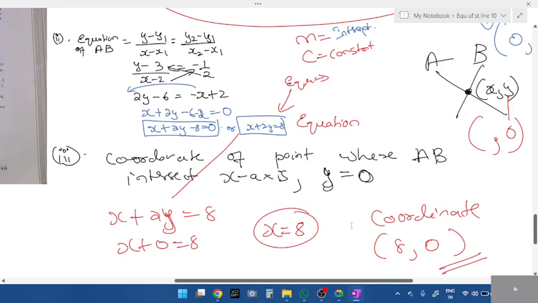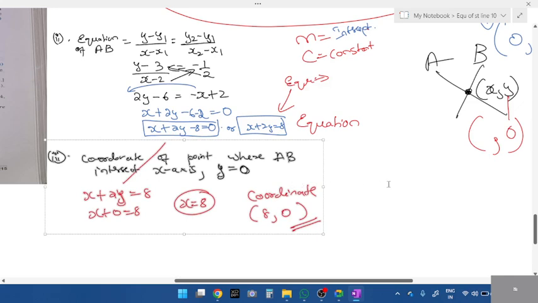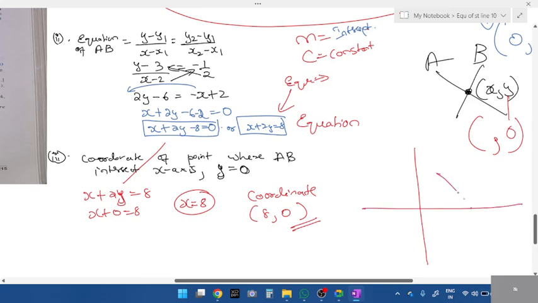All of you understood? Done? Coordinates are 8 comma 0, students. Look, don't get confused when the point intersects at the x-axis. Remember, this is the x-axis. There is a point. AB is passing through it like this.